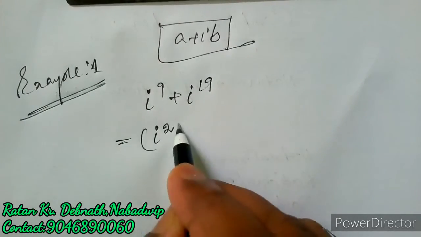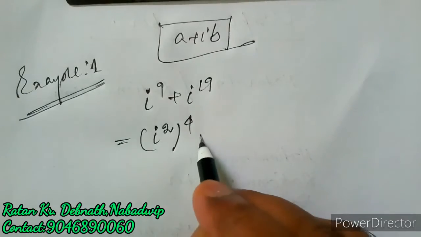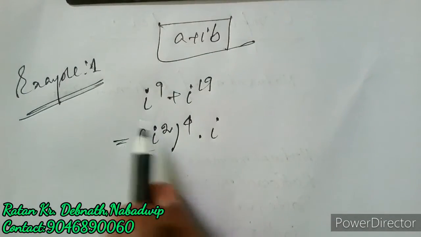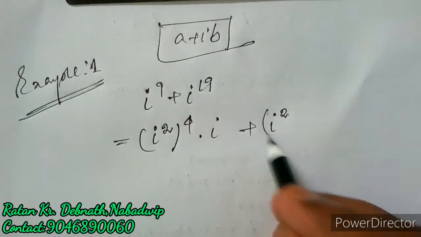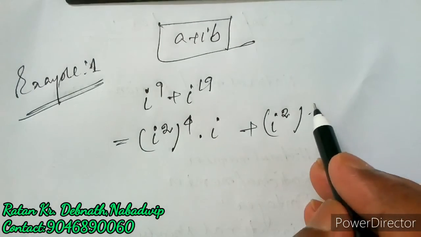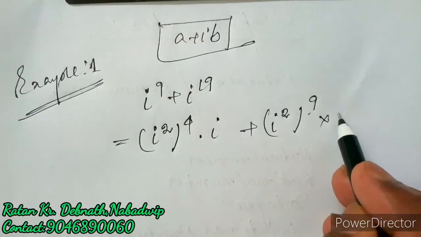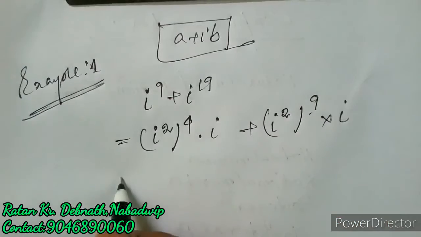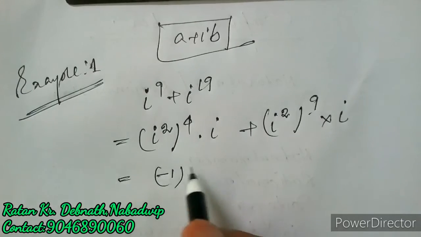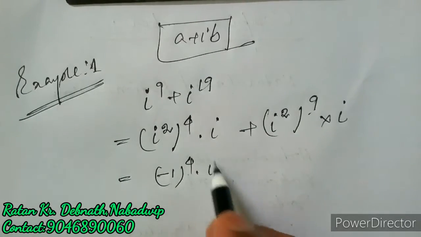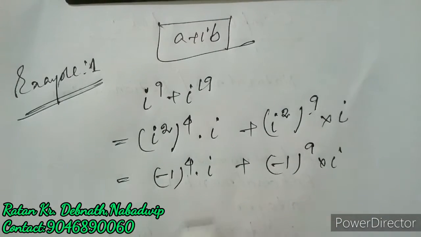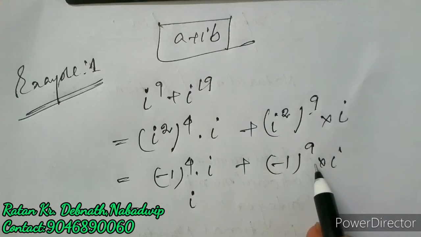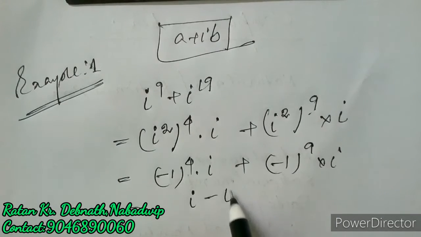i square whole to the power 4 into i means i to the power 9, and i square whole to the power 9 into i. We know i square equals minus 1, so minus 1 whole to the power 9 into i, it will be minus i.